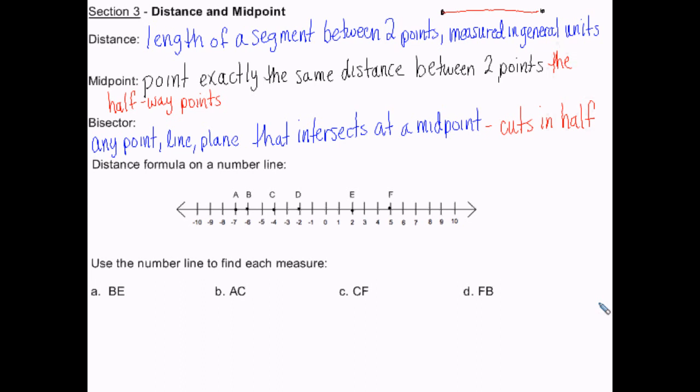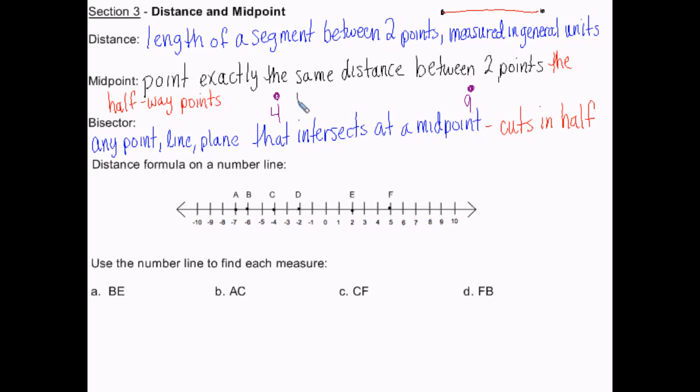Let's say I have a point here, and this point is 4. And then I have a point over here, and this point is 9. The point that's exactly halfway between 4 and 9 will be the midpoint, right?